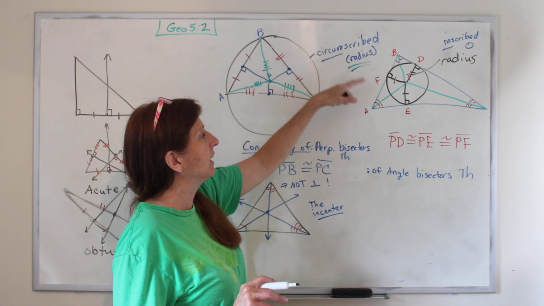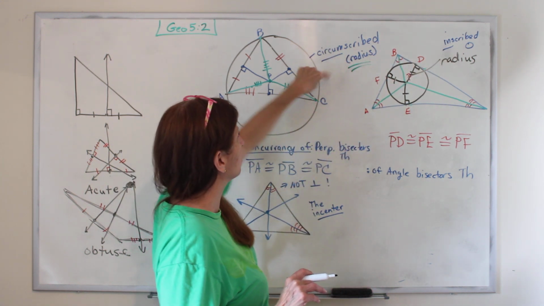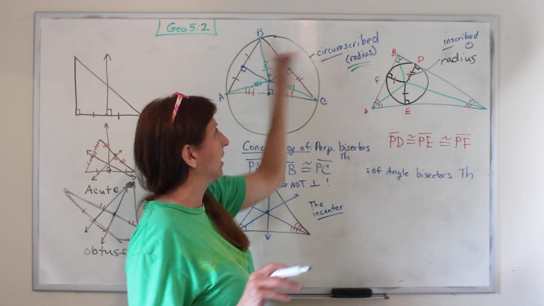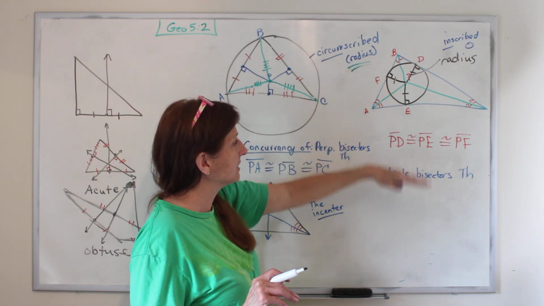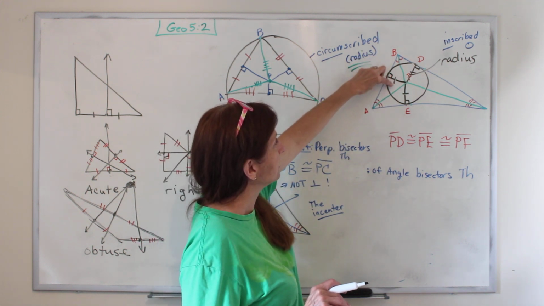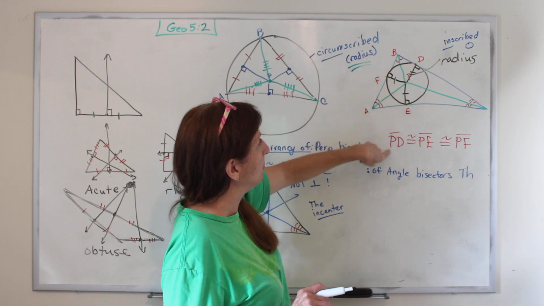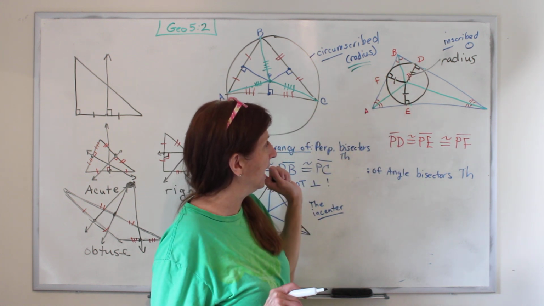This is a circumscribed circle because it's around the outside. Circumscribed, inscribed. Now, this is the theorem. If you do this, then these lines are all equal. So PD equals PE, which equals PF.